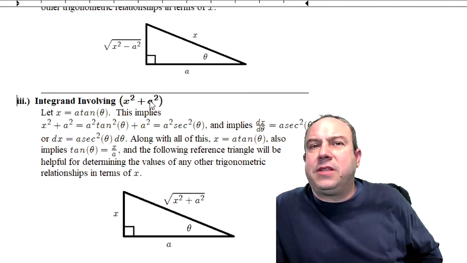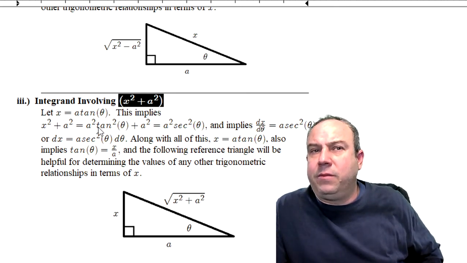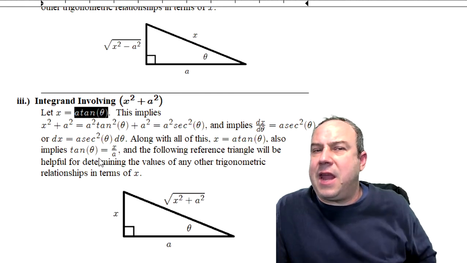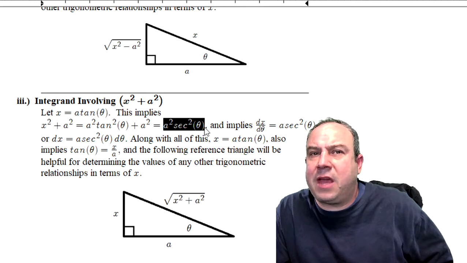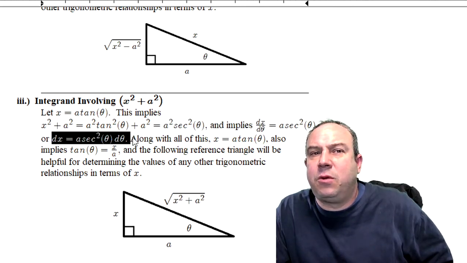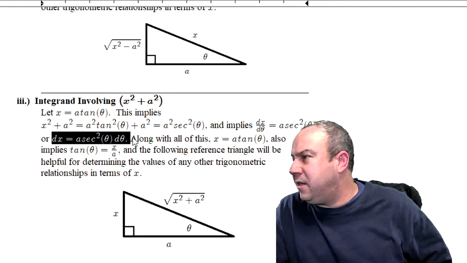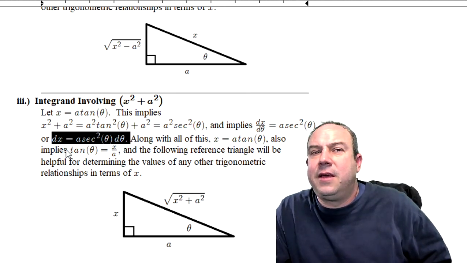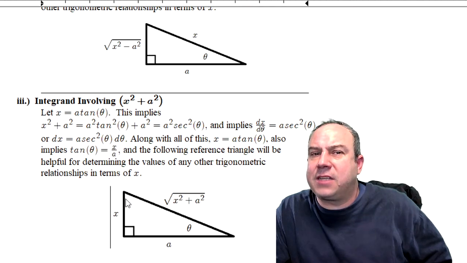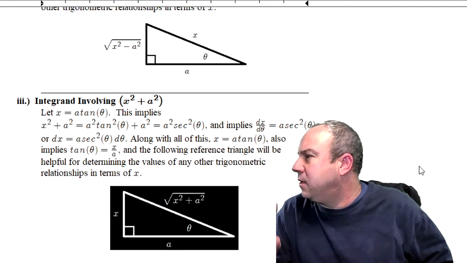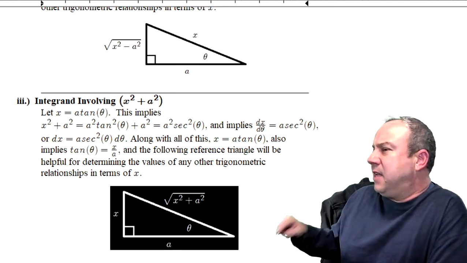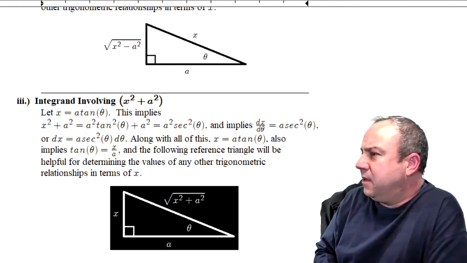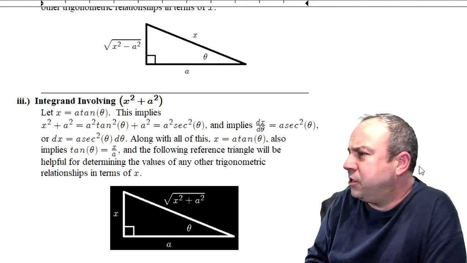When x squared plus a squared is your involved form, you let x equal a tangent theta. x squared plus a squared then will become a squared secant squared theta. dx will become then a secant squared theta d theta. And the tangent of theta equal to x over a will have the following reference triangle relating x and a to theta in all of our trigonometric relationships.